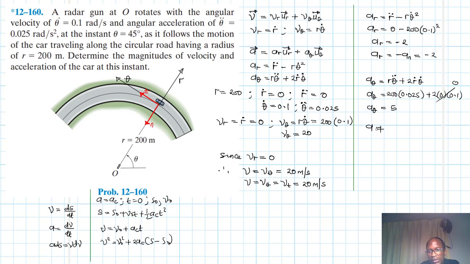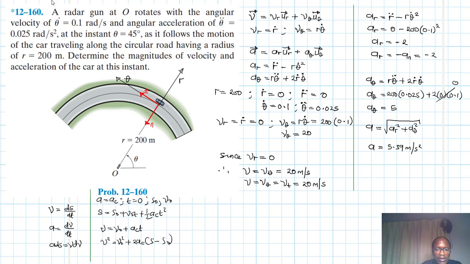And our a is just going to be equal to the square root of a_r squared plus a_theta squared. That's 2 squared plus 5 squared. Square root of that, we just get 5.39 meters per second squared.